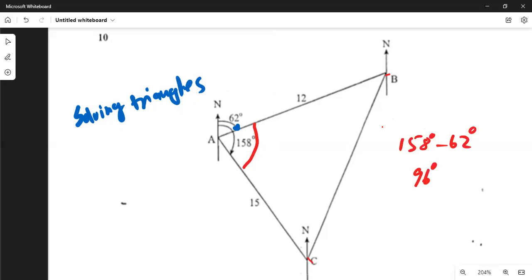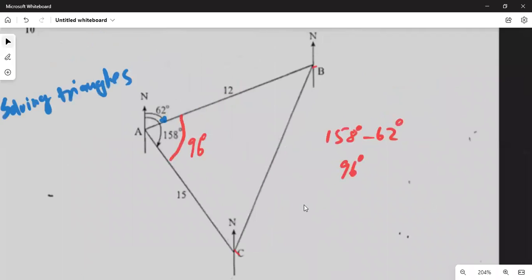So which means the whole of this angle is going to be 96 degrees according to this region that we have got. Then cosine rule, because we are given what, two sides and an included angle. All right, so cosine rule anobotichi in terms of a side. If you are to calculate a side, what does cosine rule say?